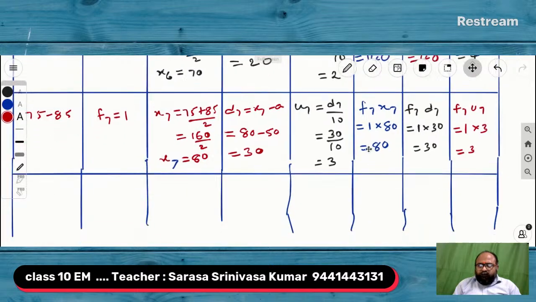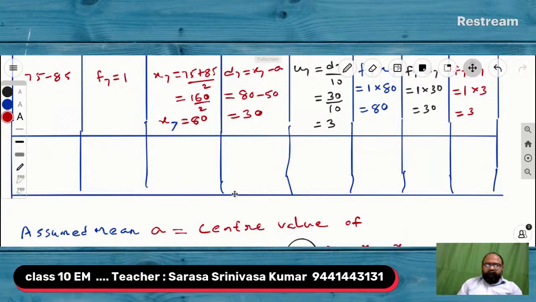Now we add the second column, that is sigma fi. We get sigma fi equal to 35. Next, if I add sigma fi xi, this is equal to 1390.